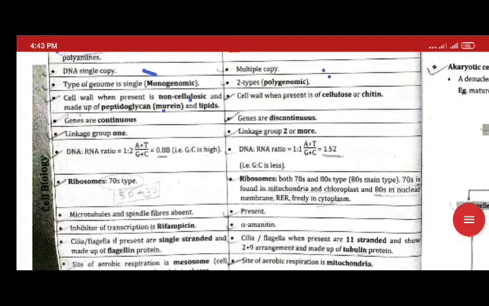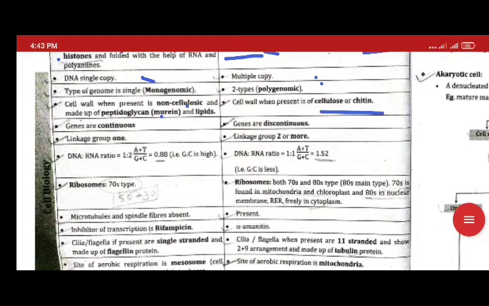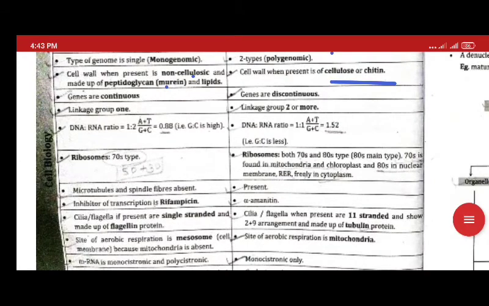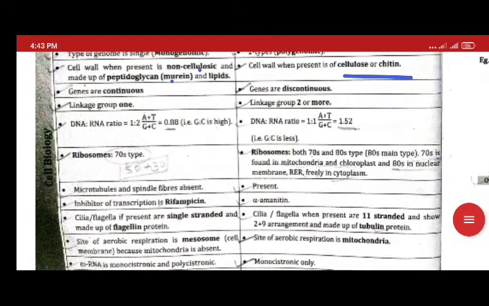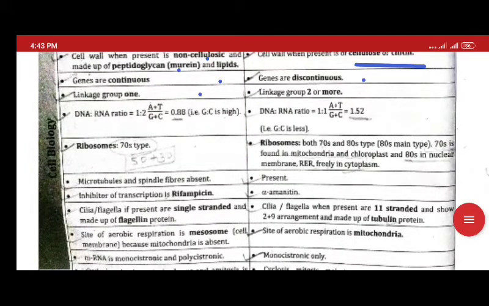In eukaryotes the cell wall is present as cellulose or chitin. Chitin is present in fungi. Genes are continuous in prokaryotes and discontinuous in eukaryotes. Now the linkage group is only one in prokaryotes and two or more in eukaryotes.